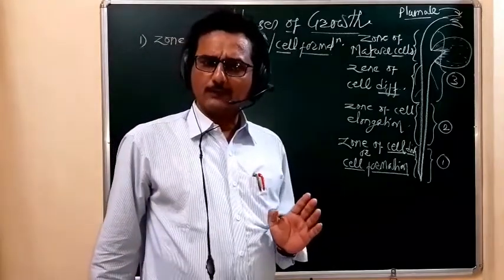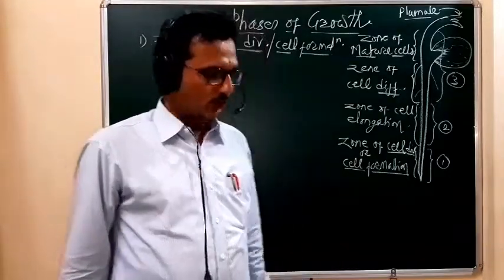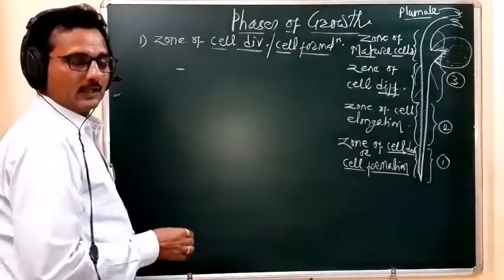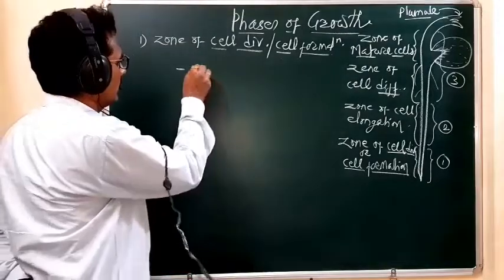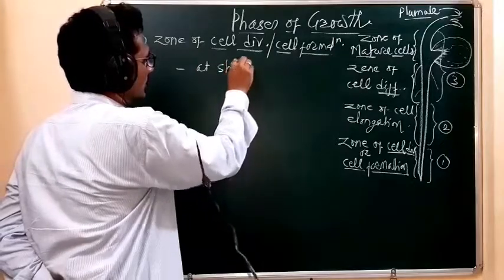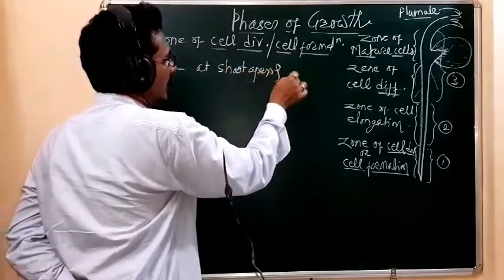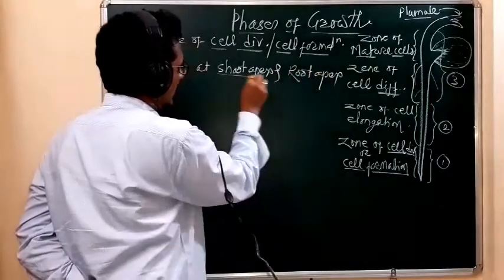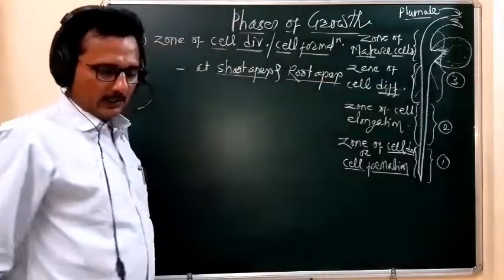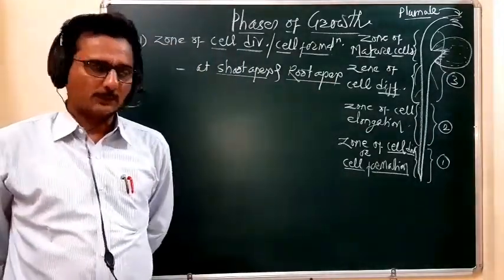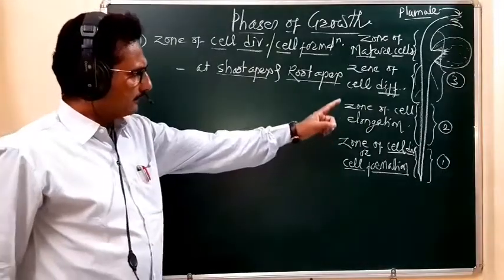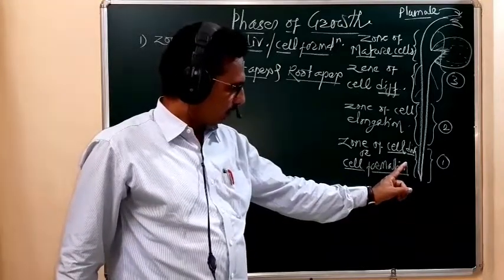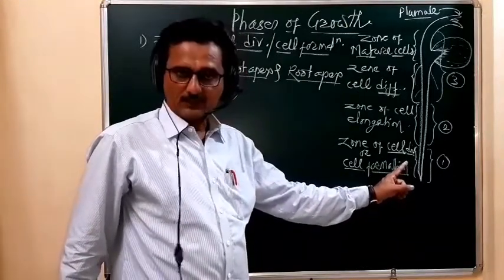For our understanding, it is seen more clearly at the shoot apex and at the root apex. So remember this. In this diagram, we observe the region of the root apex.